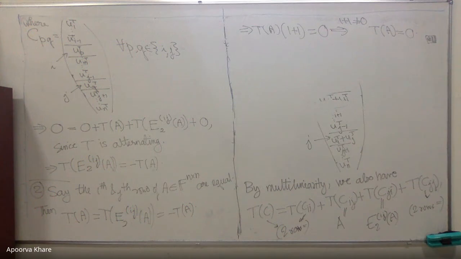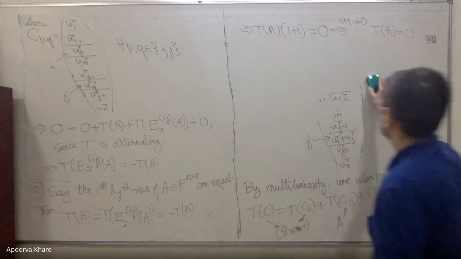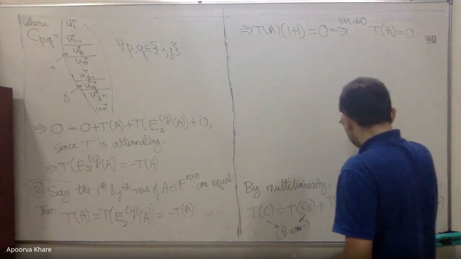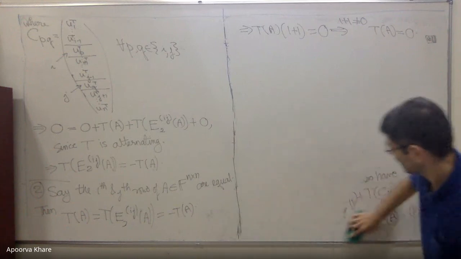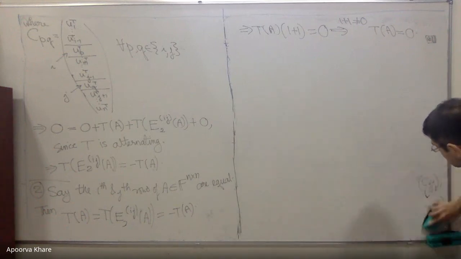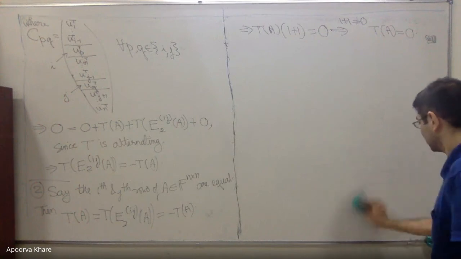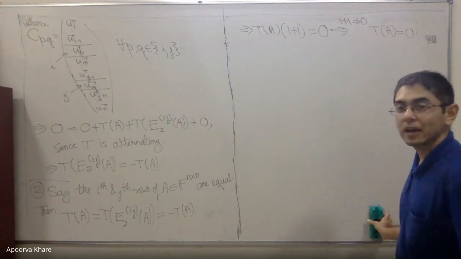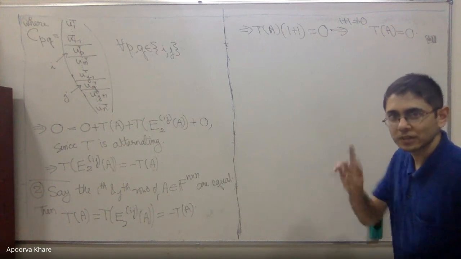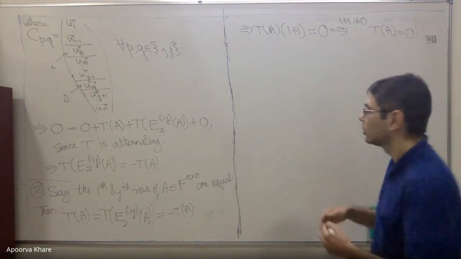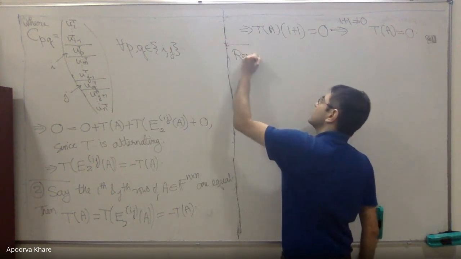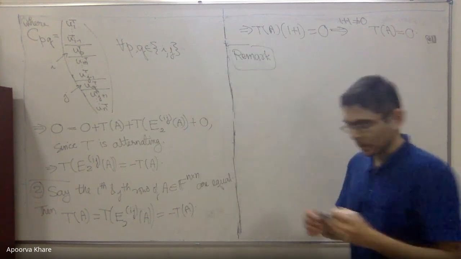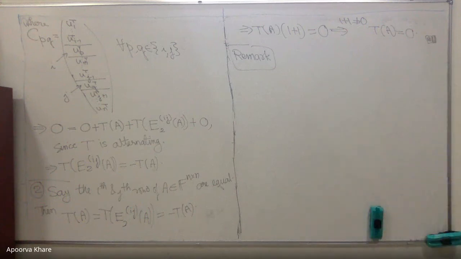So now, we talked about alternating maps. Again, let me remind you of the one alternating map I can tell you about in 2 by 2 matrices. By the way, in 1 by 1 matrices, every linear map is alternating because you can never switch anything. So by vacuousness, maybe I should say a remark. For n equals 1, every linear map is alternating.